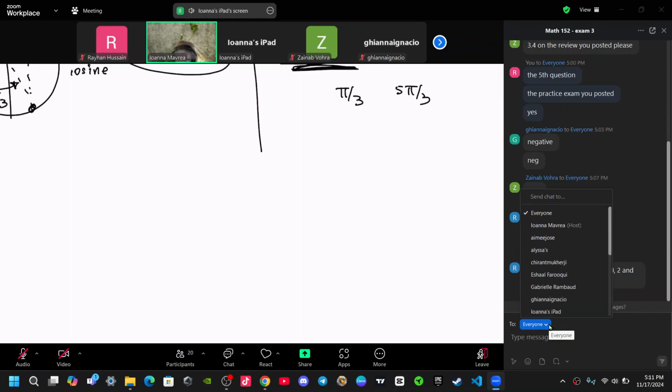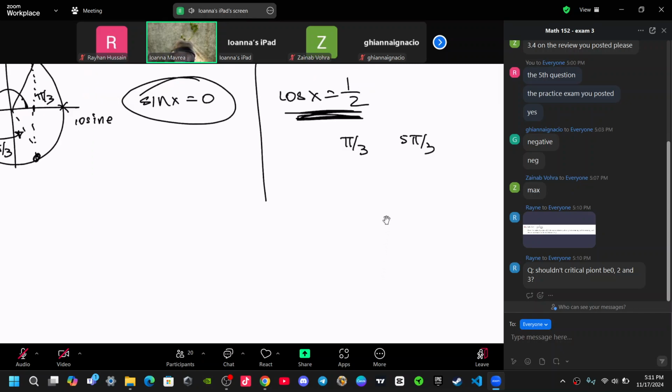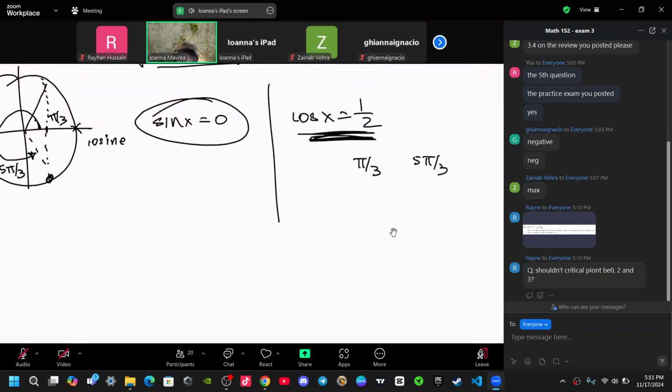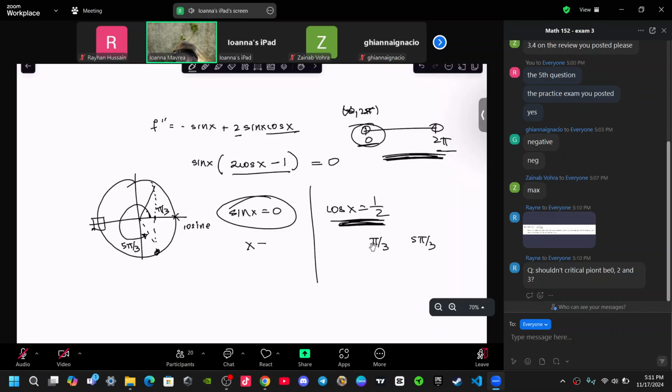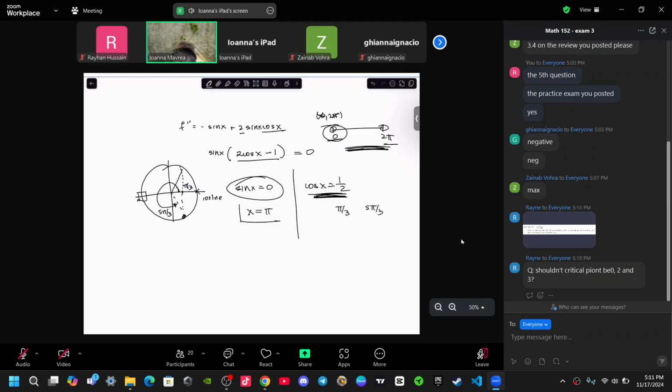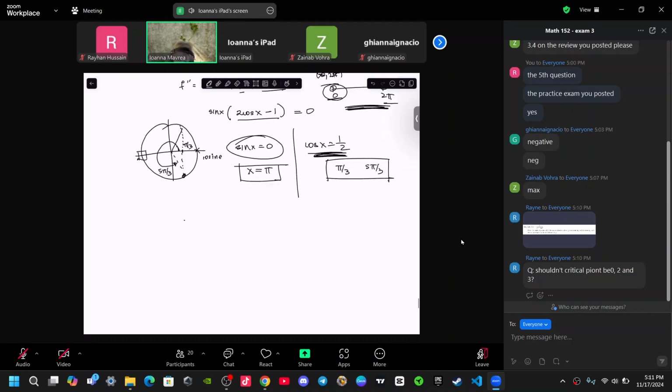Yes, here, but we're not allowed to use that. Either 0 to pi, we're not allowed, but there's also here. So x is equal to pi is another potential inflection point. So these are the three that you need to put between 0 and 2 pi. So pi over 3, pi, and 5 pi over 3.